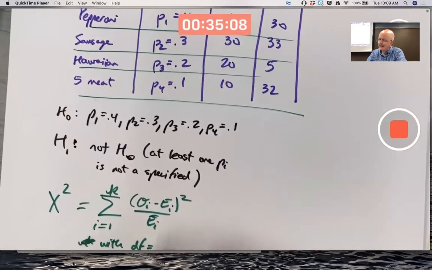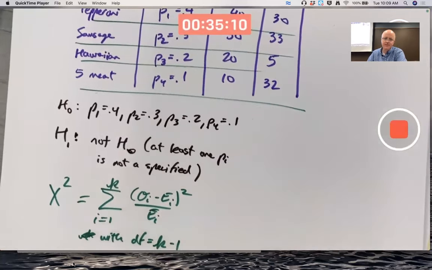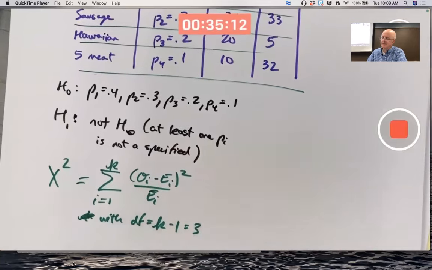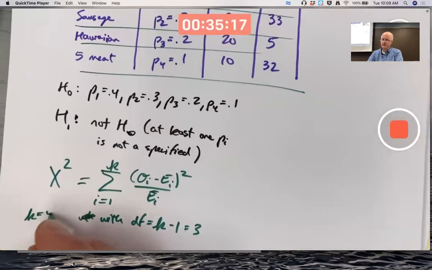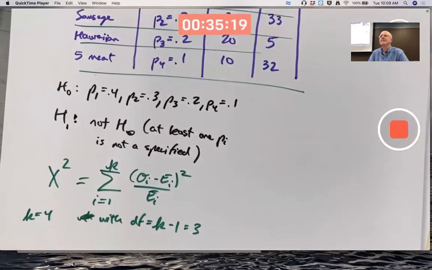Not n minus 1, but k minus 1. So in this case, that's 3. k equals 4 for us, 4 categories of pizza. I could have added more pizzas, and so k would be bigger, but that's the way I chose to do it.